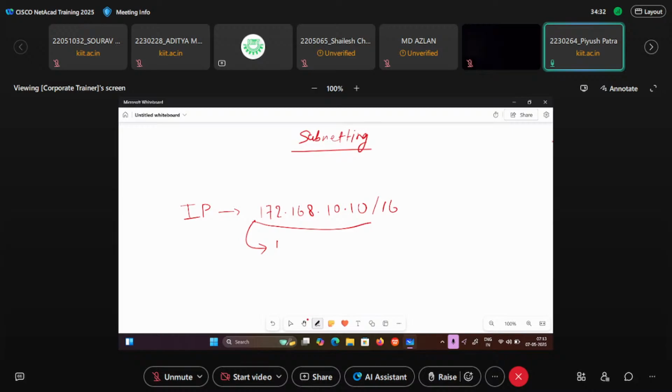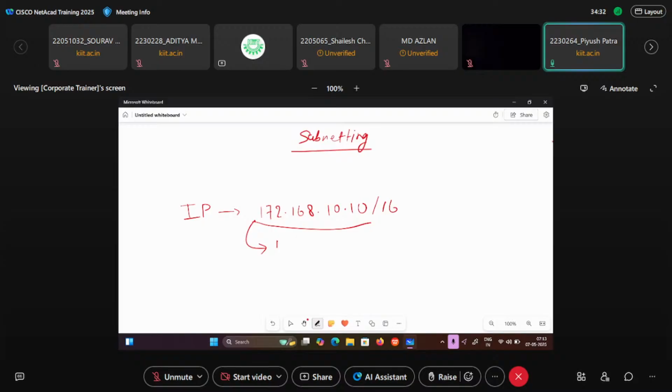So as we know, from this network, how many hosts and how many networks can we configure? Sir, 2 to the power 14 networks and 2 to the power 16 minus 2 hosts. So the number of hosts will be 2 raised to the power 16 minus 2.